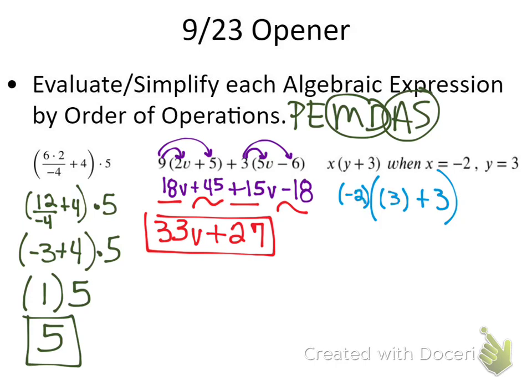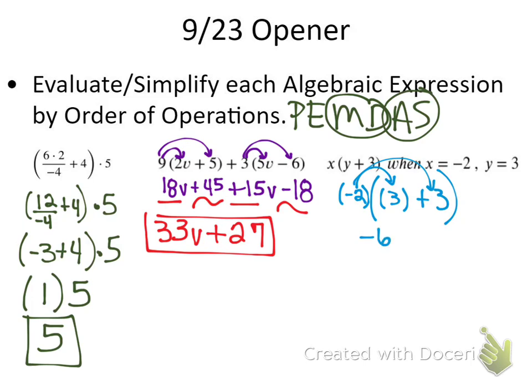3. Now, there's actually two ways that I can solve, or evaluate, this. What's one way that I can simplify this? Yeah, the first way I can do is by distributing. Okay? So what's negative 2 times 3? Negative 6.